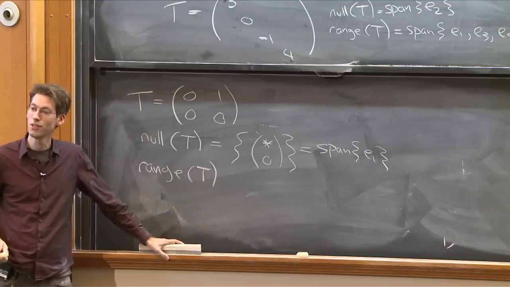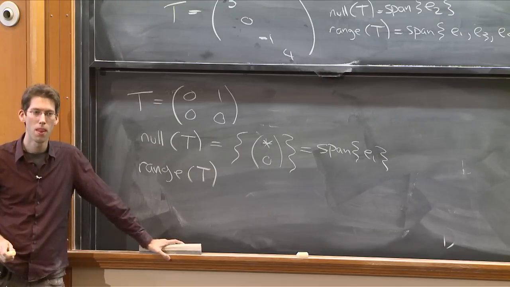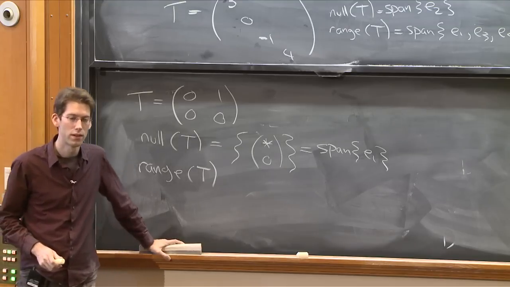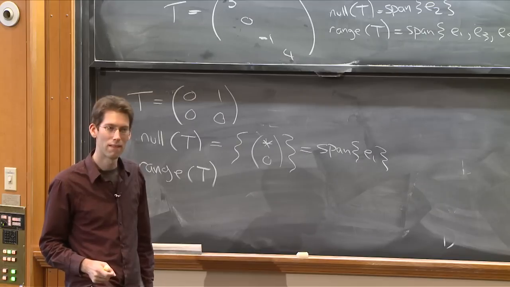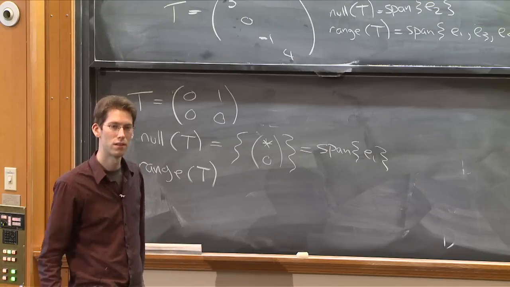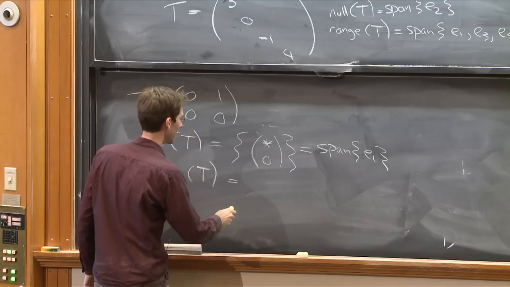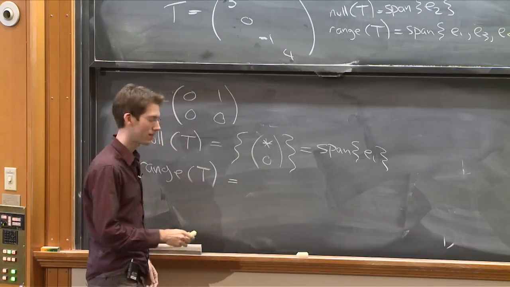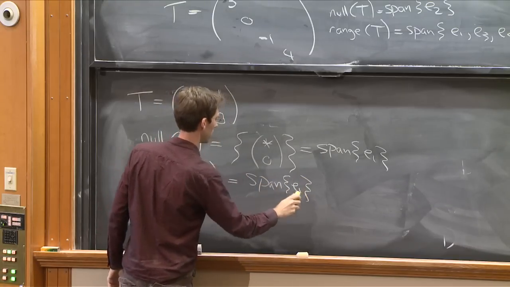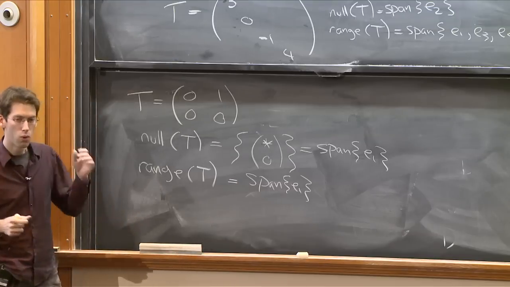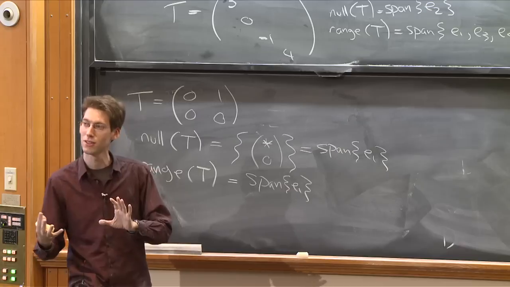And what about the range? What's that? Yeah? It's actually also the same E1. It's the same thing. So you have this intuition that some degrees of freedom are preserved and some are killed.